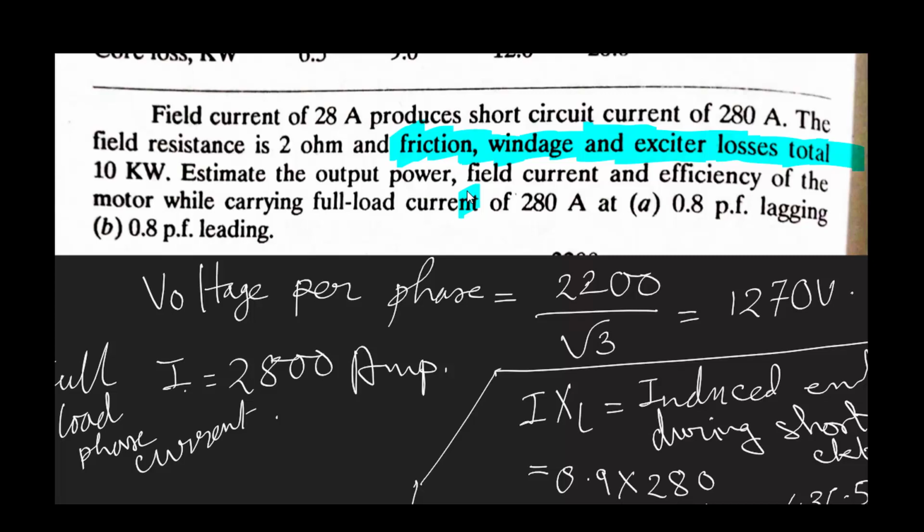But E and V are also not directly proportional, because E and V are in no way connected by a simple resistance. What exists in between E and V? Try to visualize. There exists a synchronous impedance, which is predominantly an inductive circuit.